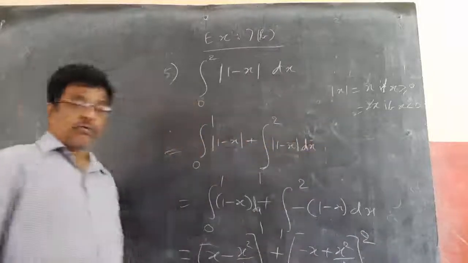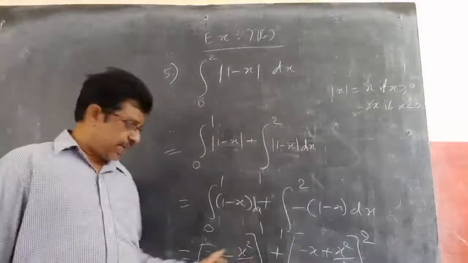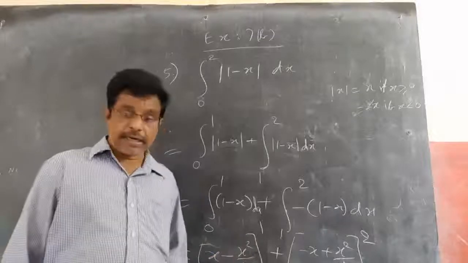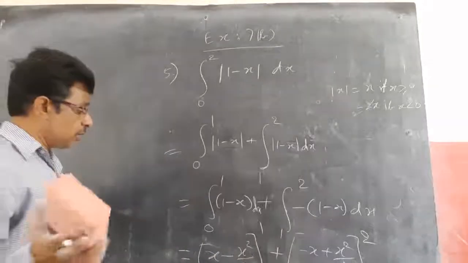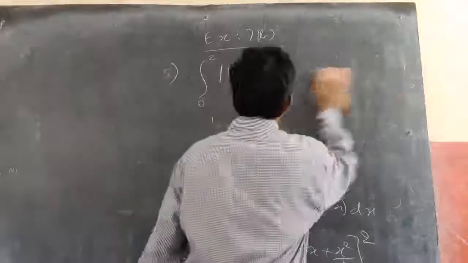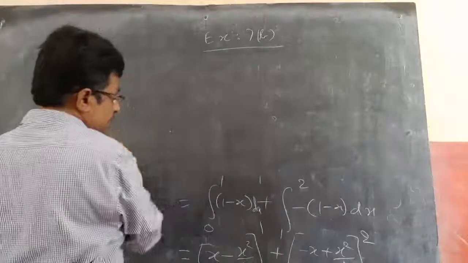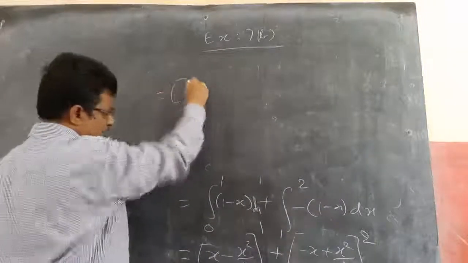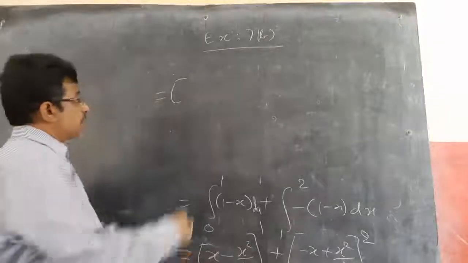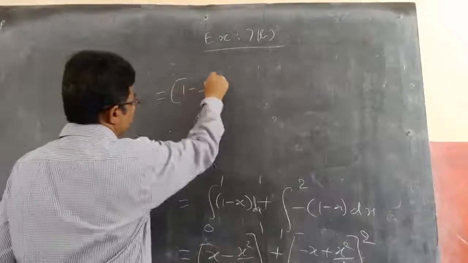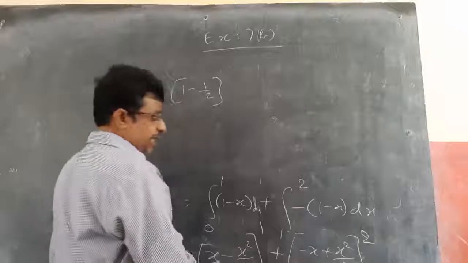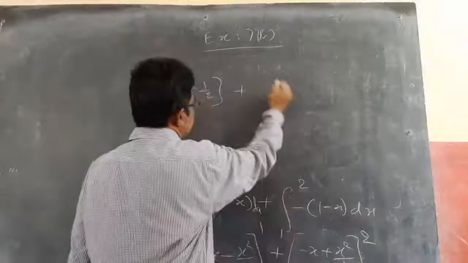Now f of b minus f of a, upper limit minus lower limit. So finally what do we get? Applying upper limit 1 minus 1 by 2, and the lower limit is 0 anyhow, no need to write. But here we need upper and lower limits separately.